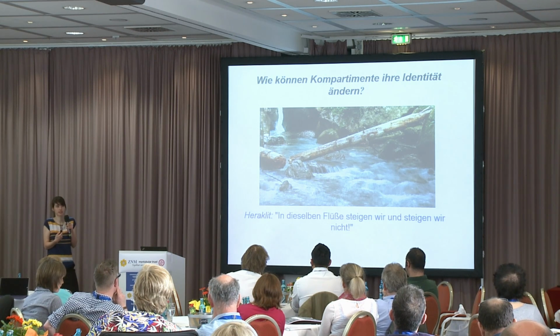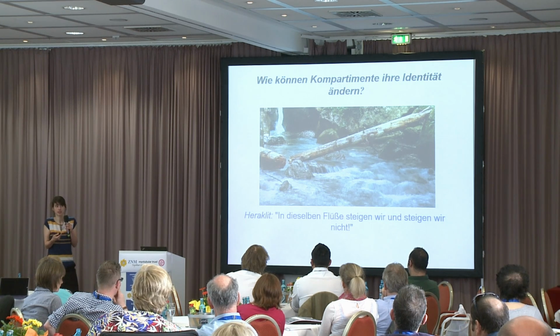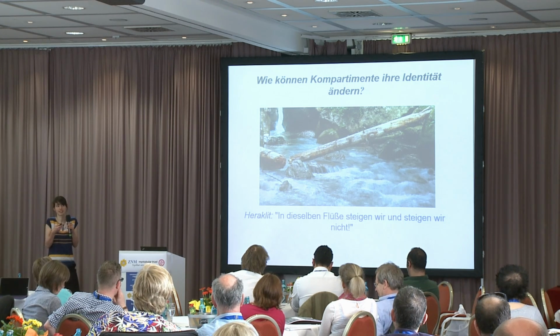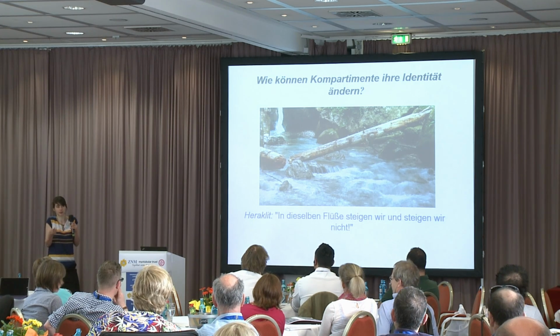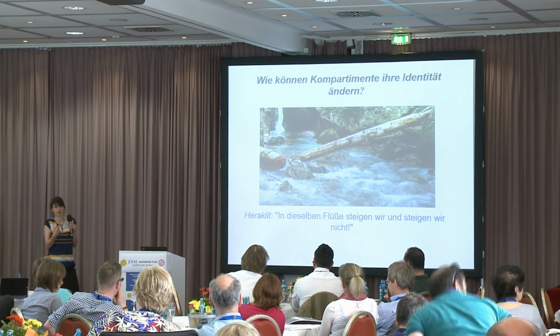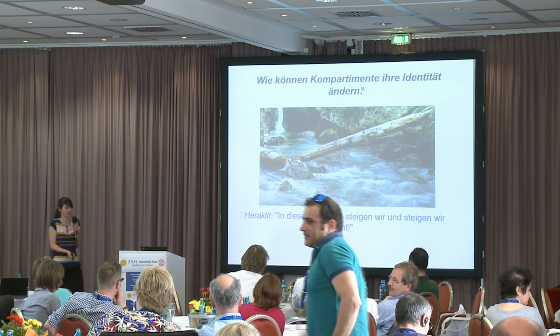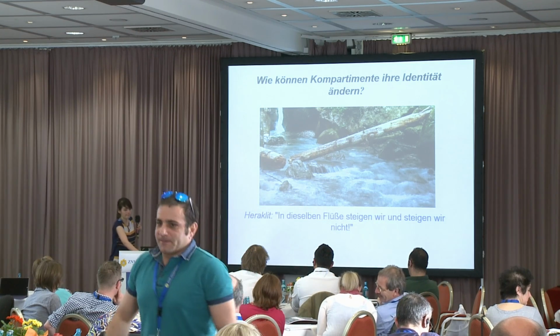Well, the compartments remain the same, but they change their appearance. Imagine it like stepping into a river. You step into a river at one place and leave at another place. It is the same river, but again, it's not the same river because it's not the same water that surrounds you. This is the analogy that we use, the difference between remaining and changing identity.